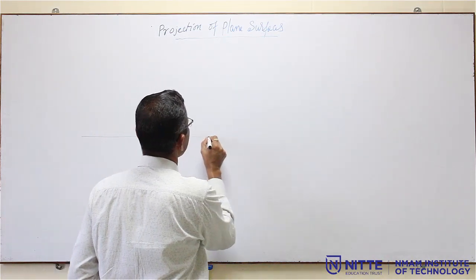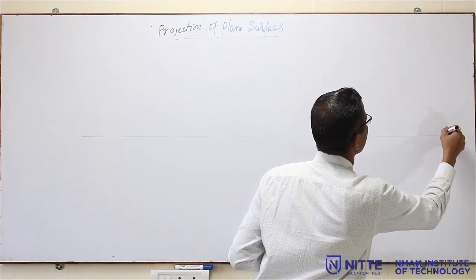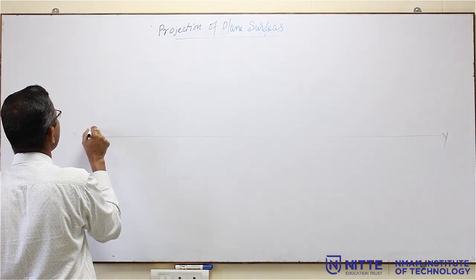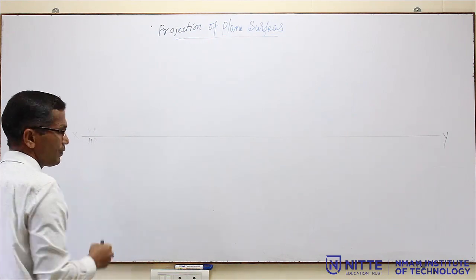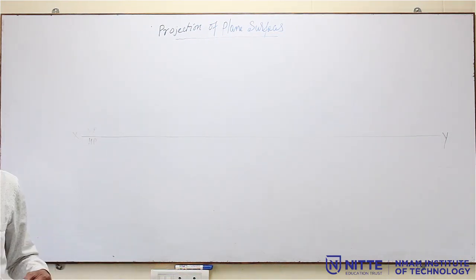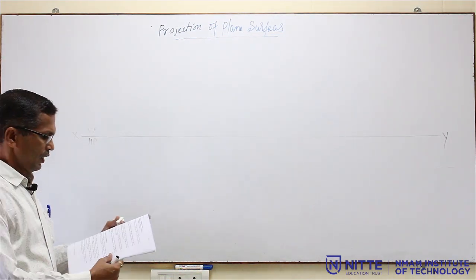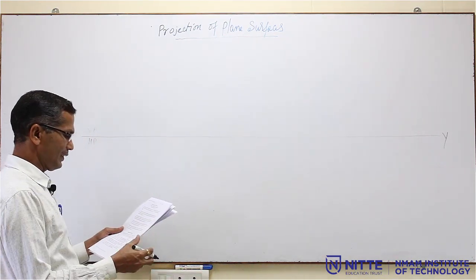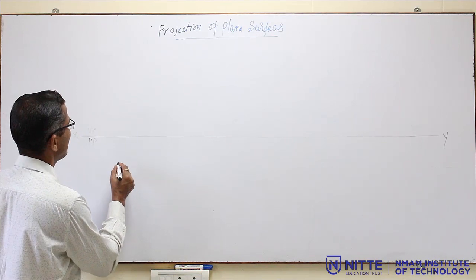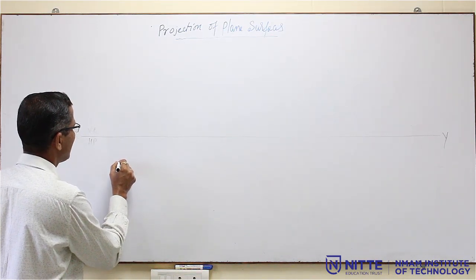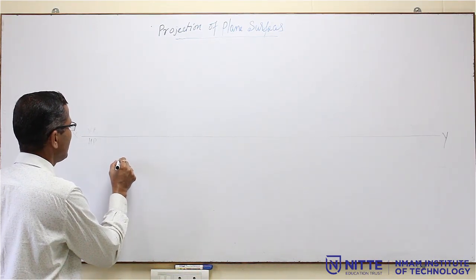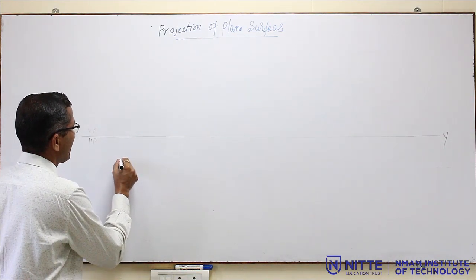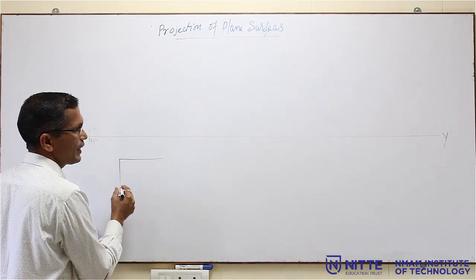So, first you draw the XY line, then write the VP and HP. Now, you have to draw the rectangular lamina. It is resting on one of its shorter edges, that means you have to get the shorter edge here. So, this should be the shorter edge and the other one is the longer edge. You have to write like this only.